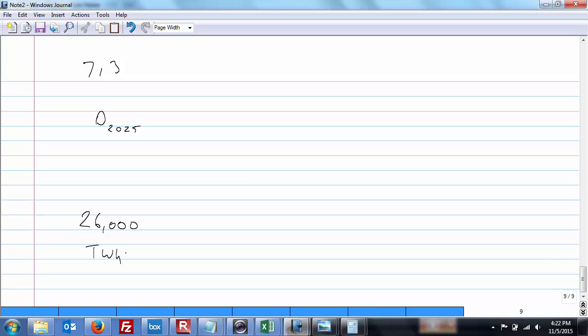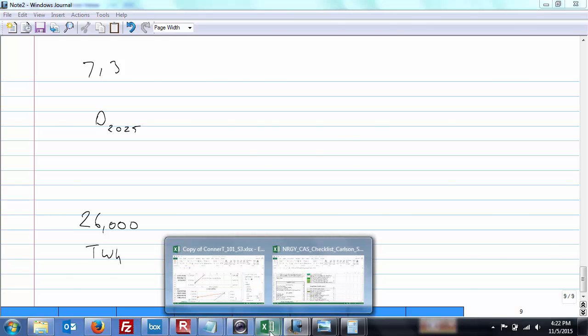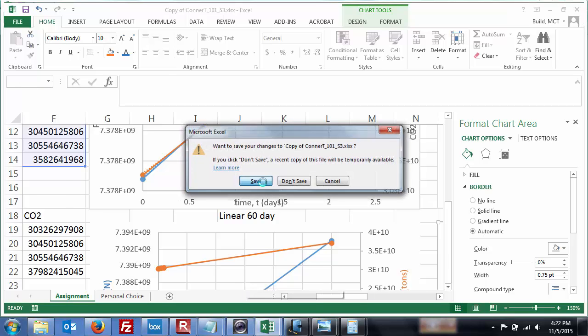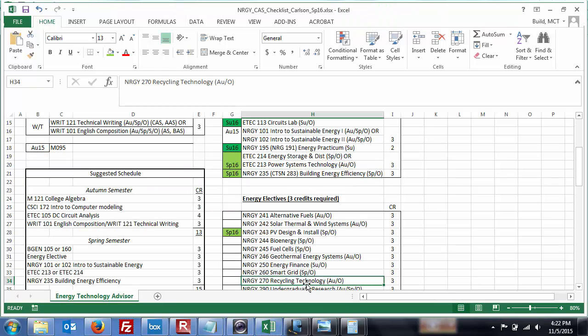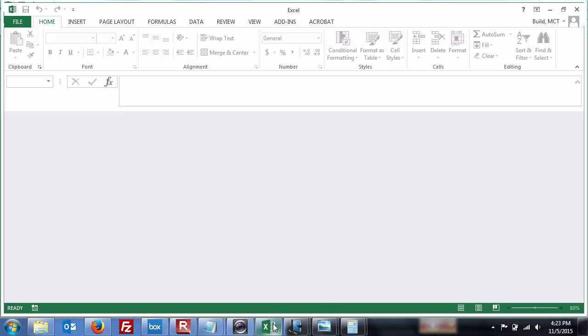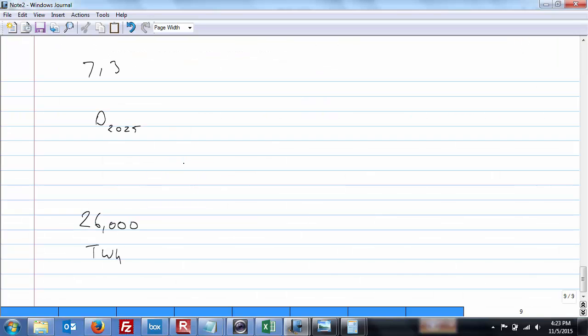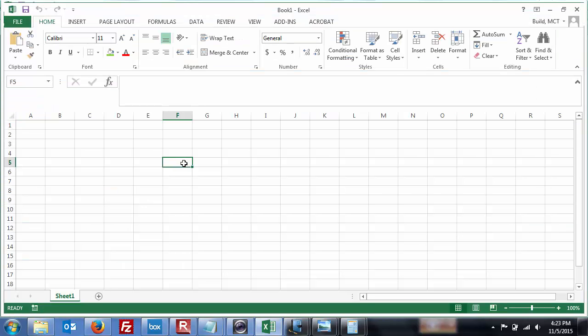Now let's convert terawatt hours to megajoules. Okay, so let's start here. So 26,000 terawatt hours.